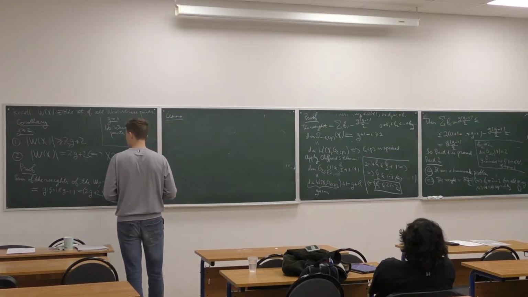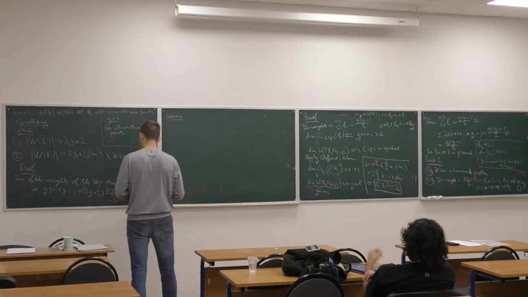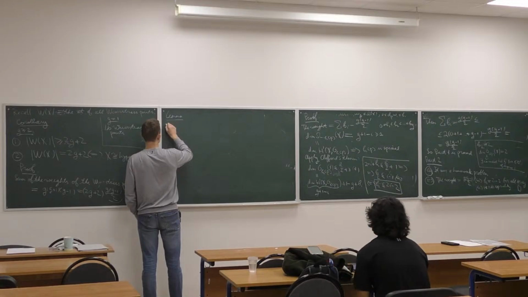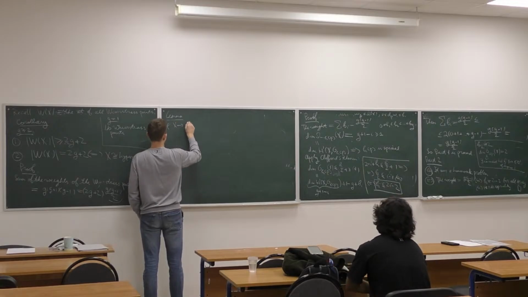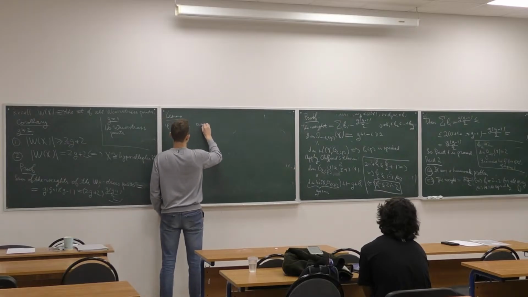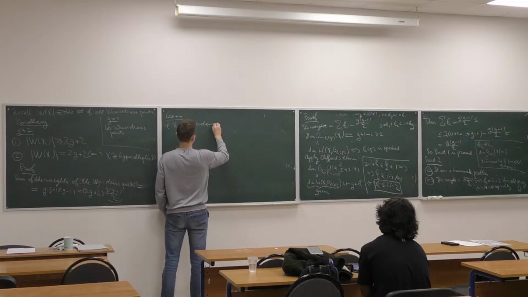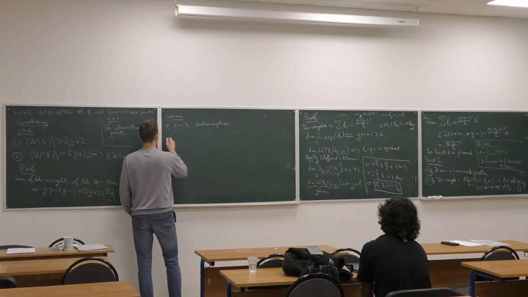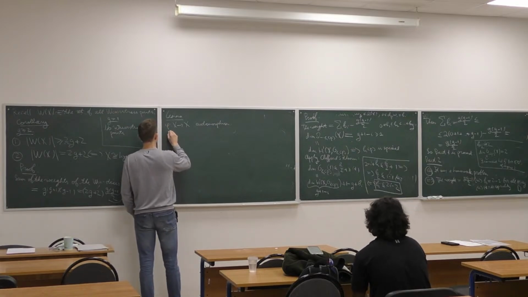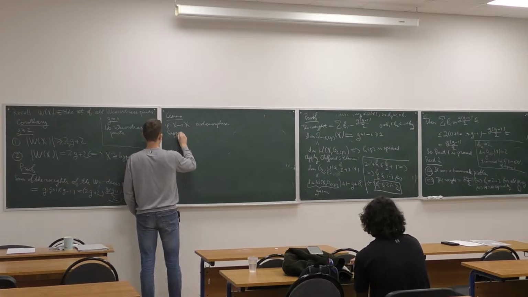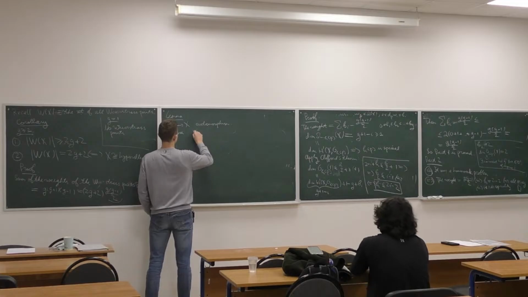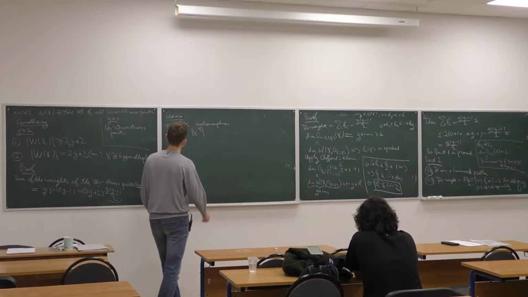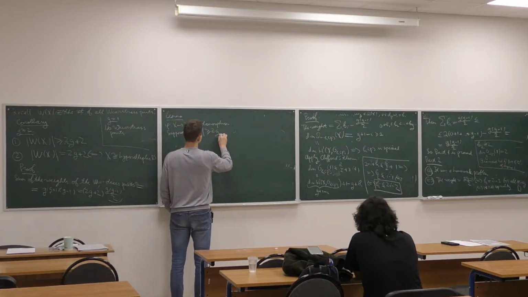Suppose phi is some automorphism. And suppose that the number of fixed points is greater or equal than 2g plus 3.